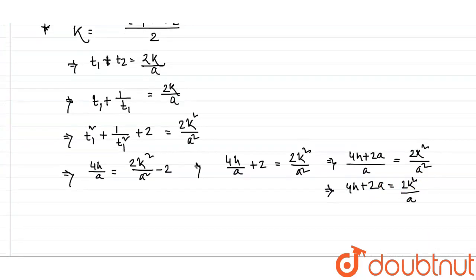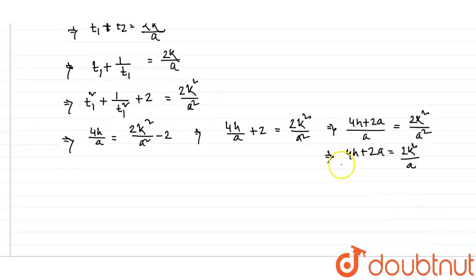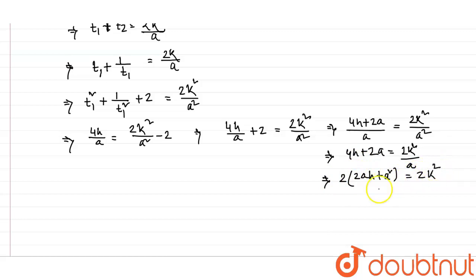If 2 is removed, then 2ah plus a square is equal to k square. Is this okay? So this way you can get it.